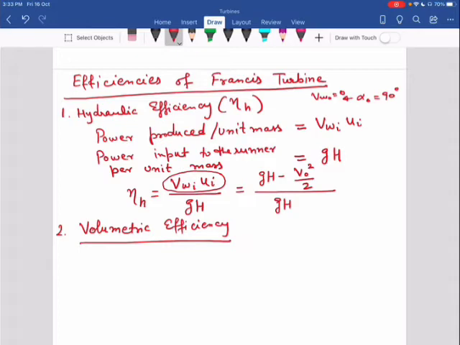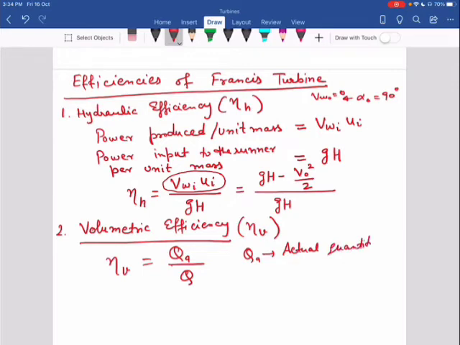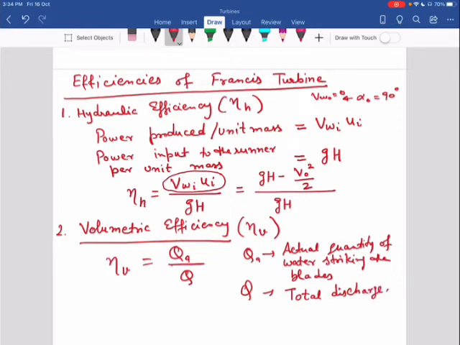So this we denote by eta V. So eta V is QA divided by Q. So QA is actual discharge or actual quantity of water striking the blades or runner, and Q is total discharge or total quantity of water supplied. Okay, this is the total discharge. So this gives us the volumetric efficiency.